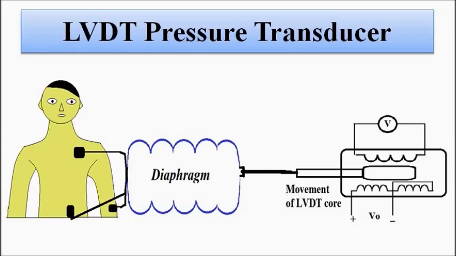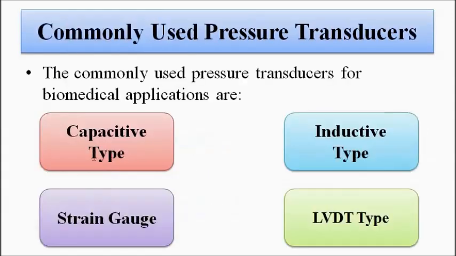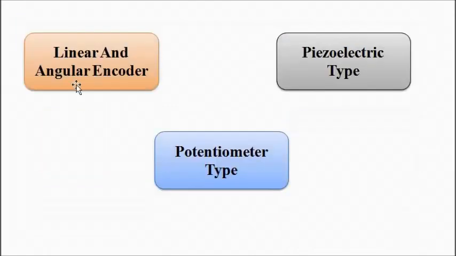So we have discussed all the pressure measurement techniques using various kinds of secondary transduction methods: capacitive type, inductive type, strain gauge, LVDT. Here we have discussed LVDT. Also we have discussed linear and angular encoder, potentiometer, piezoelectric.